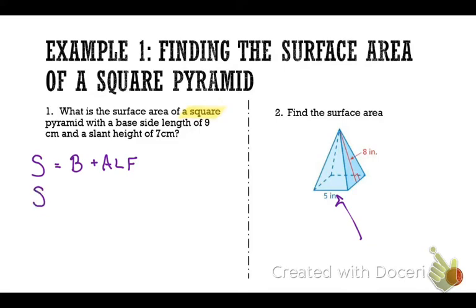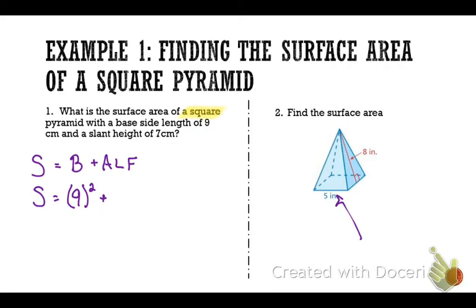So how do I find the area of a square? I take the side length and I do what? I square it, because a square has all side lengths equal. So basically I could do length times width, but they're the same, so that's like squaring it. So that's my area of my base, plus, you've got to remember, what shape is my lateral face?